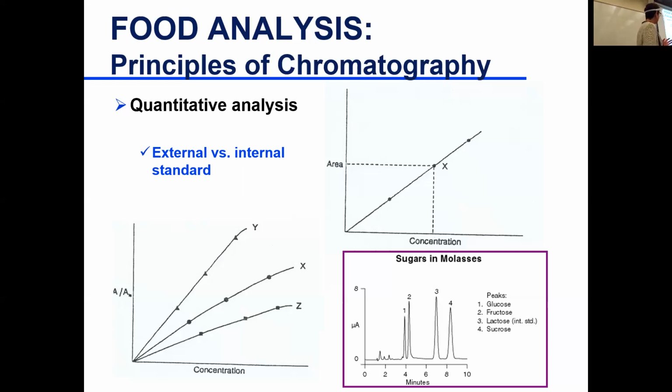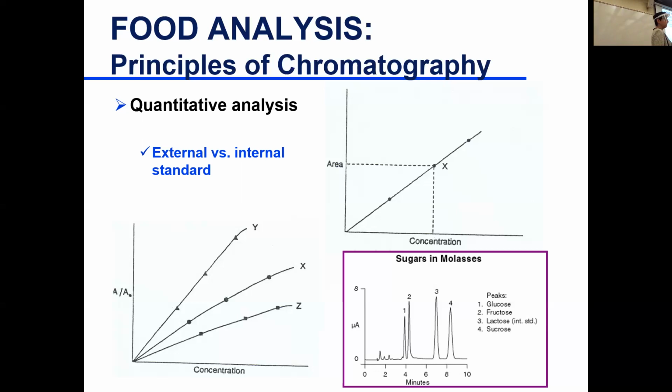You have to select an internal standard that is different from the fatty acids whose concentration you're trying to calculate. So if you're looking at oleic, stearic, linoleic, linolenic, whatever, you do not want to use any of these fatty acids as the internal standard, because that will increase the concentration.